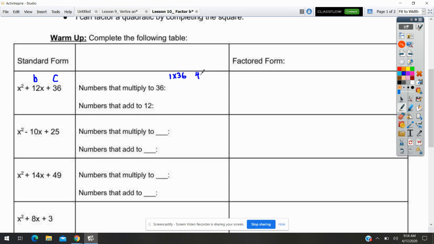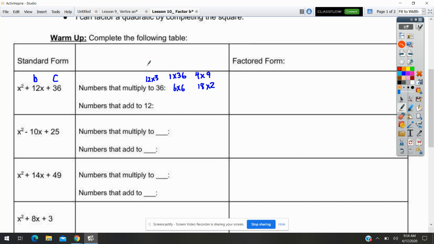4 and 9, 6 and 6, 18 and 2, right? And am I missing anything? I don't think so. Okay. Oh, and 12 and 3. Okay, so which of these adds to 12?